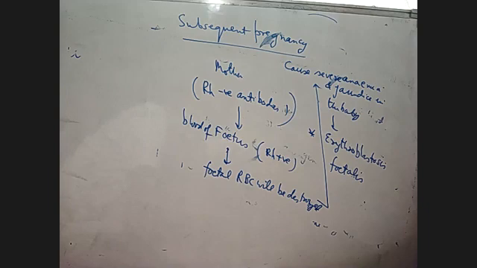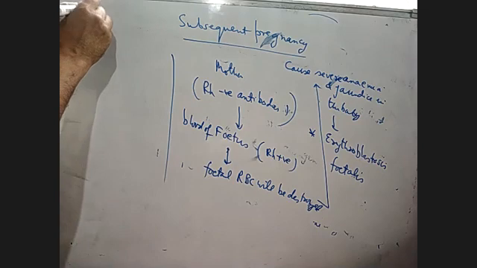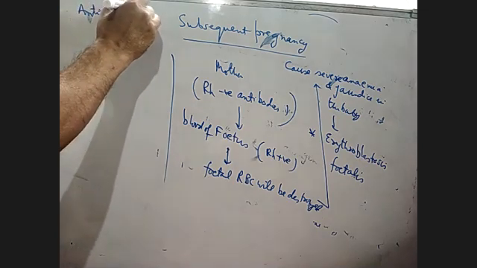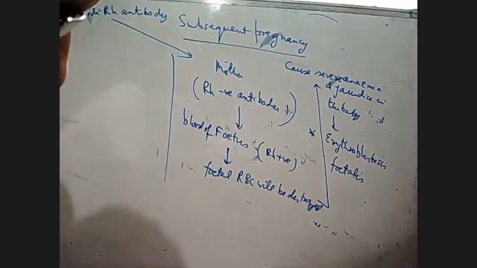And this can be avoided by administering anti-Rh antibody to the mother immediately after the delivery of the first child.